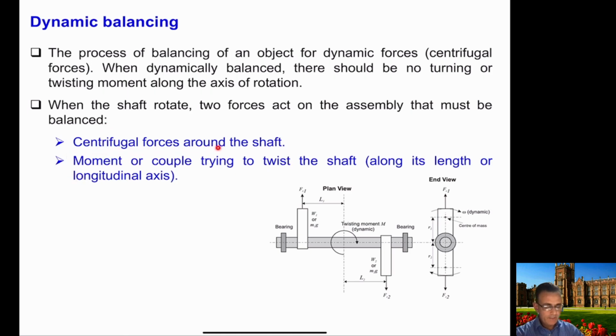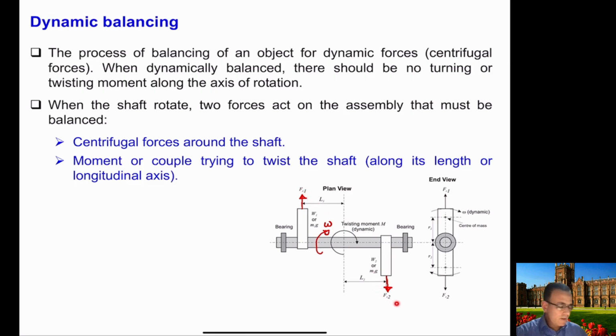One is the centrifugal forces around the shaft. As you can see in this figure, if this shaft is rotating with some angular velocity, we will have one centrifugal force in this direction and one centrifugal force in this direction. There will be two centrifugal forces, FC1 and FC2.